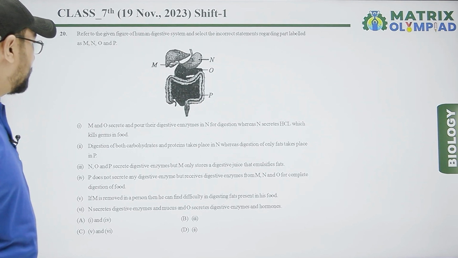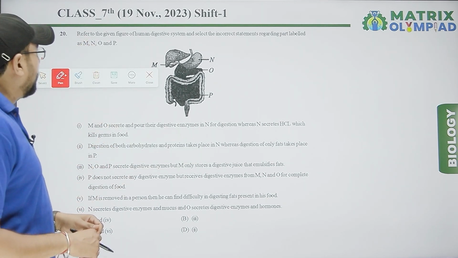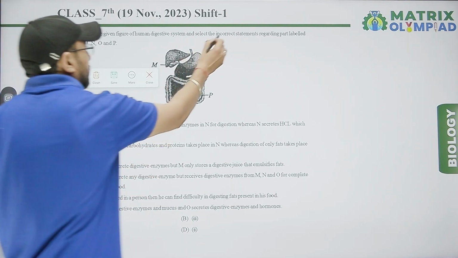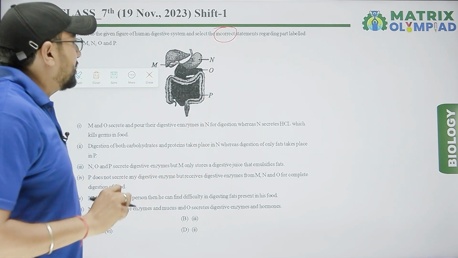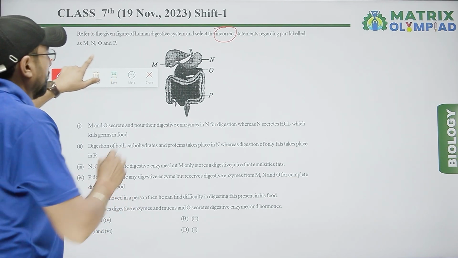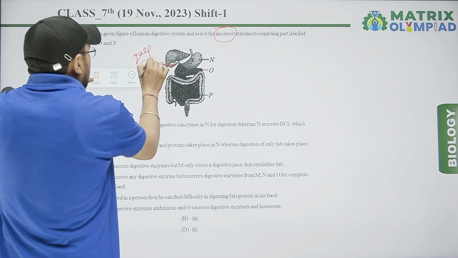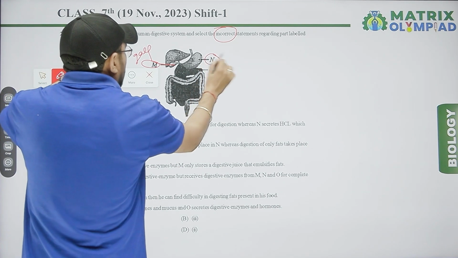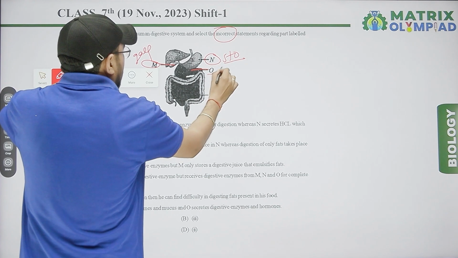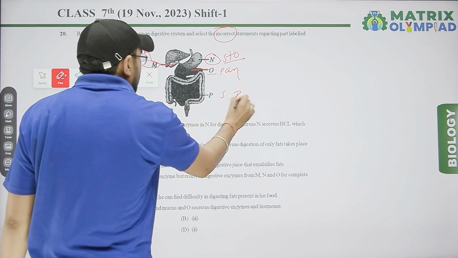Now, the digestive system. Refer to the given figure of the human digestive system. Select the incorrect statement regarding the parts labeled M, N, O, P. M means gallbladder, N stomach, O is the pancreas, and P is the small intestine.